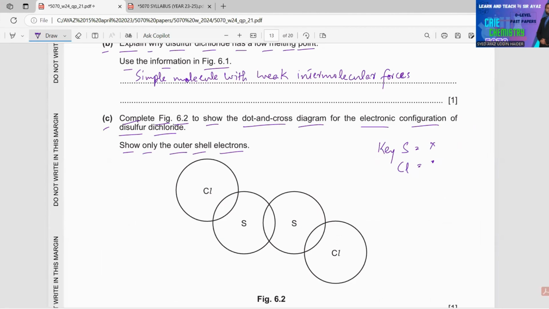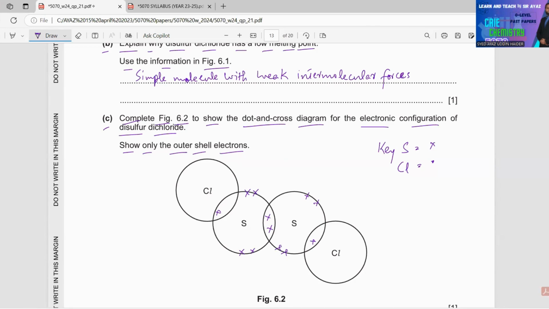So, for the right hand side, 1, 2, 3, 4, 5, 6. There will be 6 valence electrons for this sulfur. Next sulfur, 1, 2, 3, 4, 5, 6. What about chlorine? Chlorine must be having 7 valence electrons.